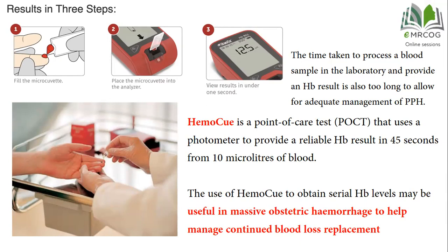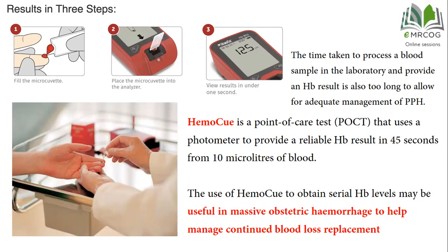We can use the lab hemoglobin estimation, or the lab test, or we can use the HemoCue point of care test. HemoCue point of care test is such an amazing tool because it's a point of care test, so it's going to be beside the patient. It's very quick.